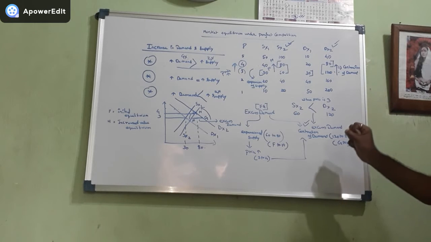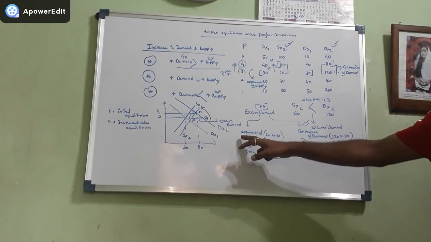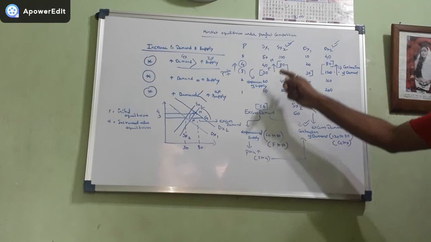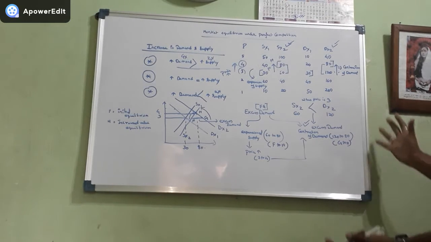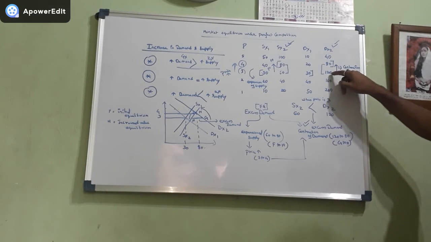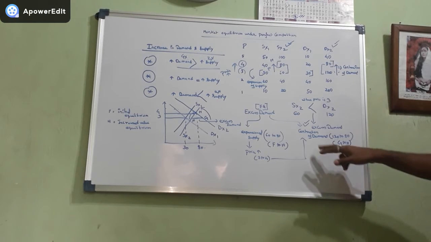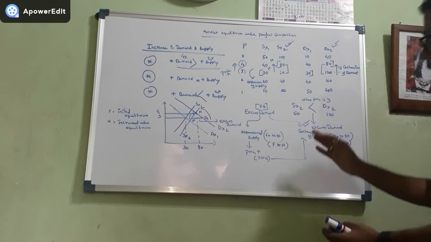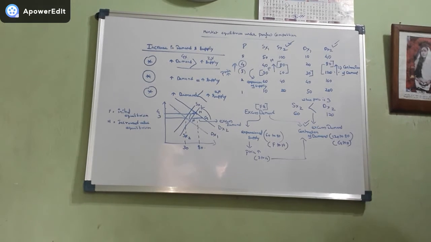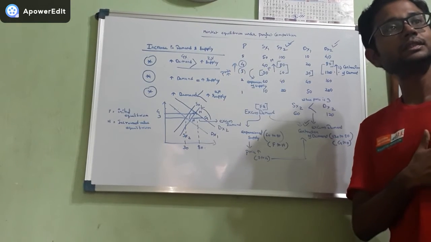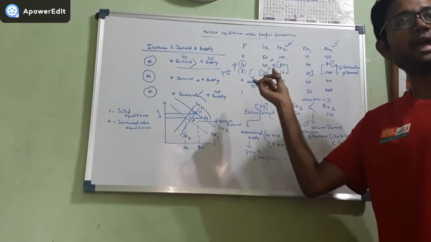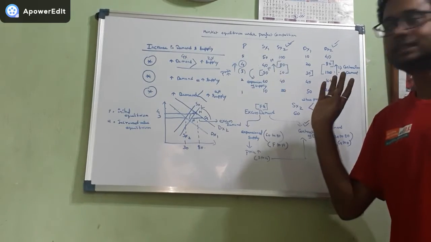Now if there is an excess demand, there will be an expansion of supply, 60 to 80, and there will be contraction of demand, reducing from 120 to 80. Why? Because the price is increasing. When the supply increases, price increases.